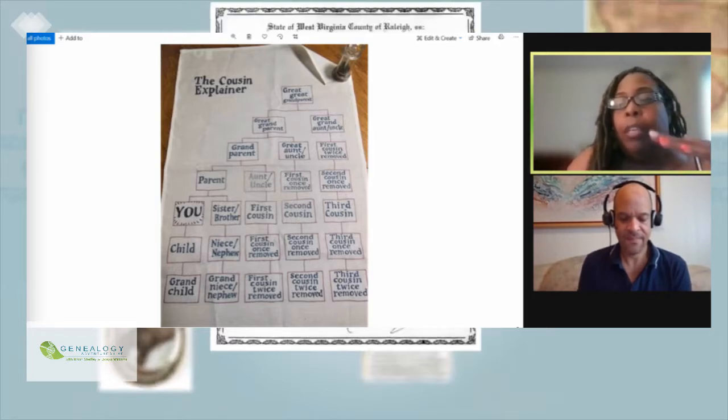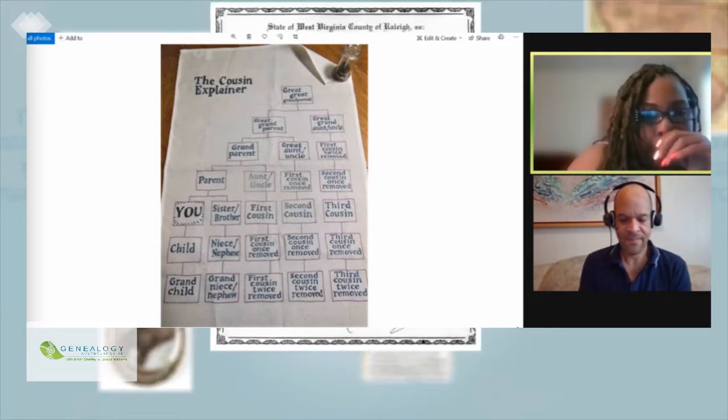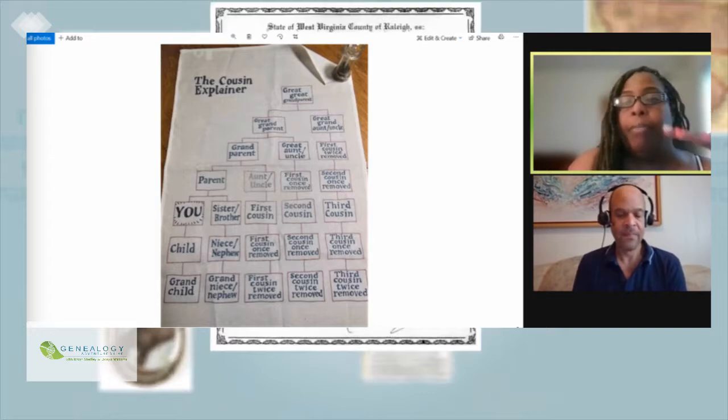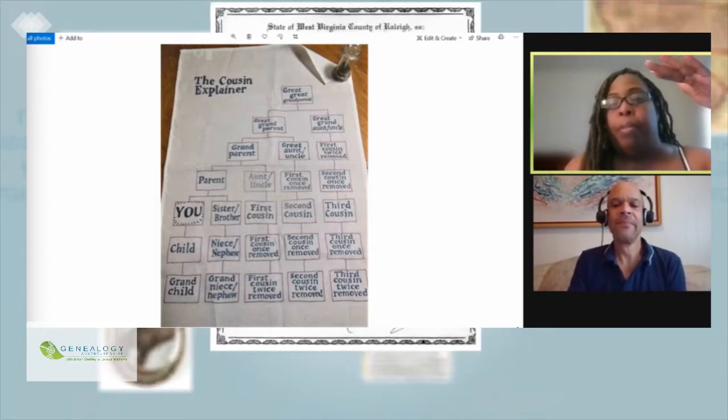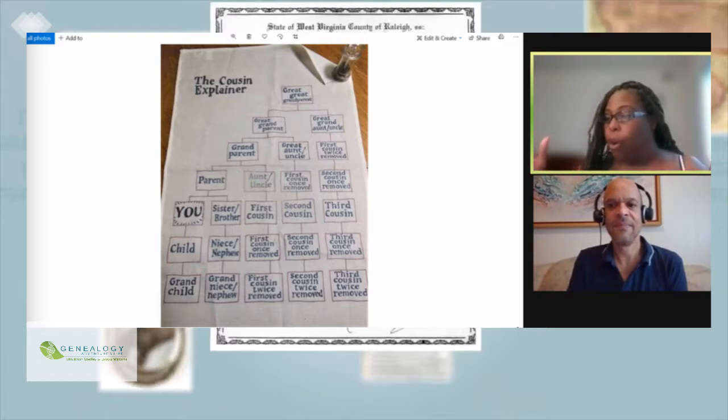I use the word level because that was better to explain than the remove. What I mean by level is your parent is at one level, and the next level up will be your grandparents. The next level after that will be your great grandparents, and so on and so forth. So are we understanding that so far?